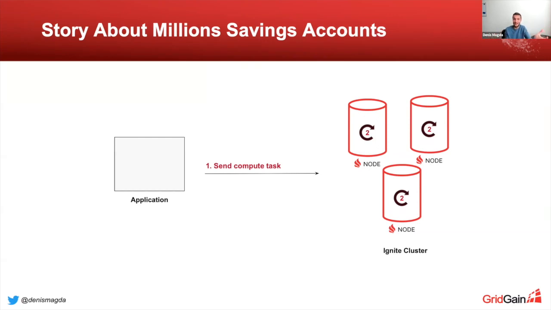And then we advised, guys, let's take this logic that is running on your application side and let's execute it on the cluster nodes. They collocated all the records, because they had all those millions of accounts, and for each account they had some related information, like payments, etc. Everything was collocated.